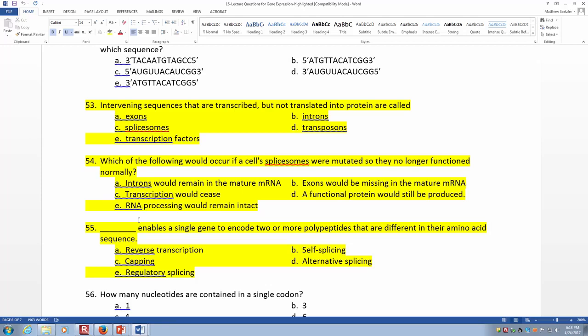Right, D, alternative splicing. So we said that alternative splicing was basically splicing the mRNA molecule in different ways, and when you alternatively splice it, in some cases you can leave out certain exons during that splicing process. And if you splice the mRNA differently, then that's going to lead to a different protein being produced.